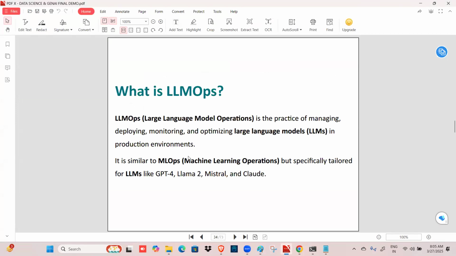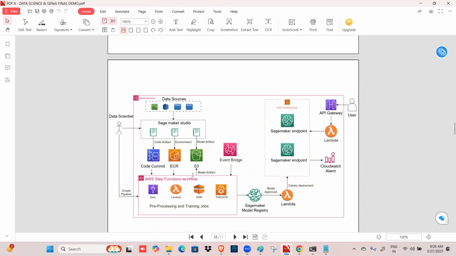For example, Amazon and Flipkart manage and monitor their systems; in the same way, we need to manage, deploy, and monitor LLM models. For that we use machine learning operations tools like Docker and Kubernetes. Examples of models include GPT-4, Llama, Mistral, and Claude.